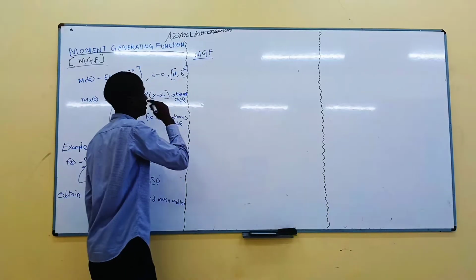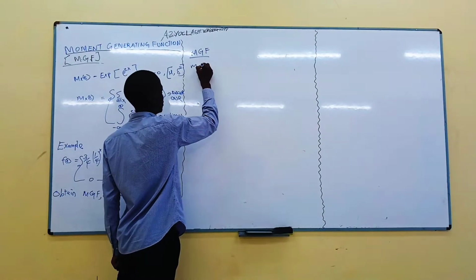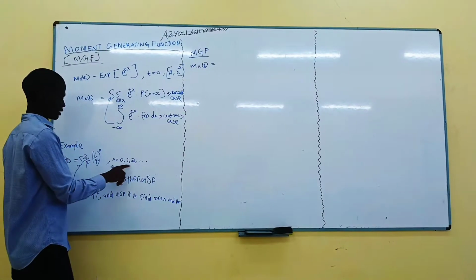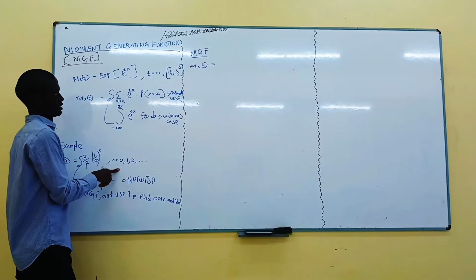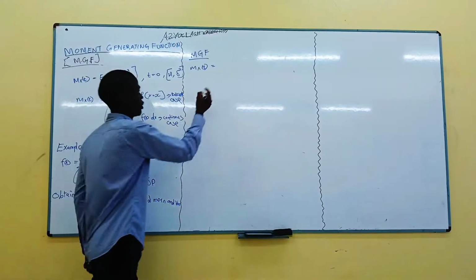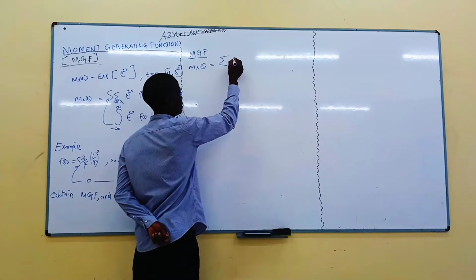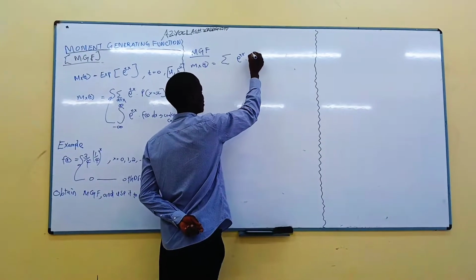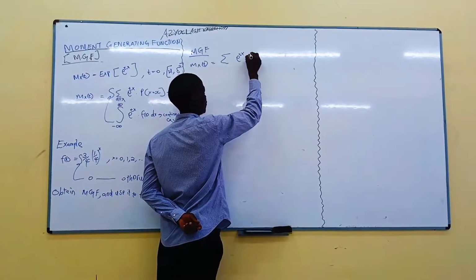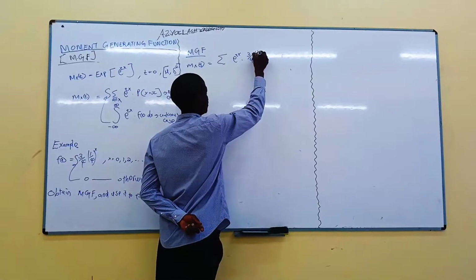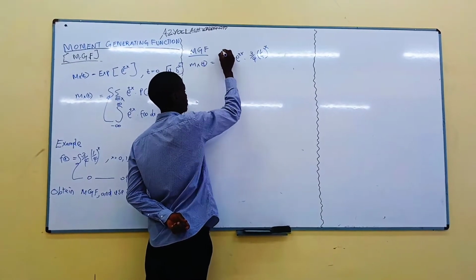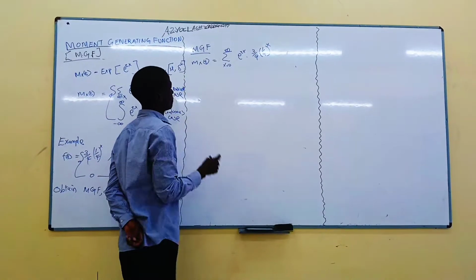To find the MGF, M_X(t), if you look at the function, it's countable, meaning it is discrete, so we use the summation of e^(tx) multiplied by the function, which is 3/4 times (1/4)^x, where x starts from 0 to infinity.